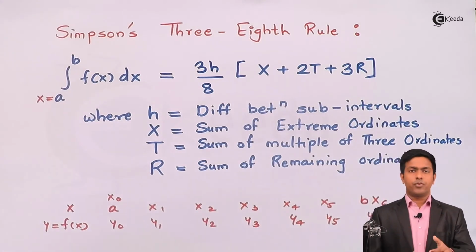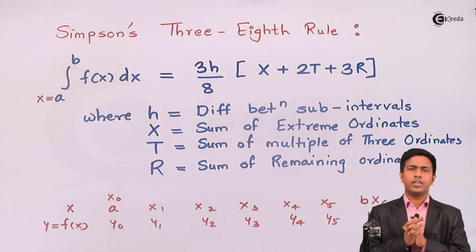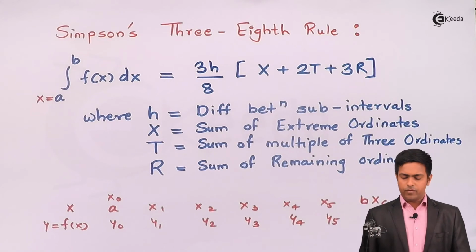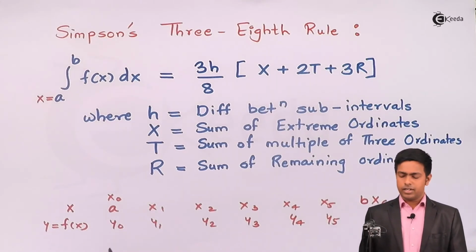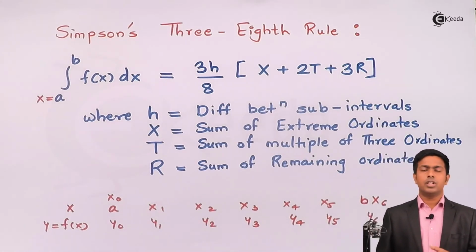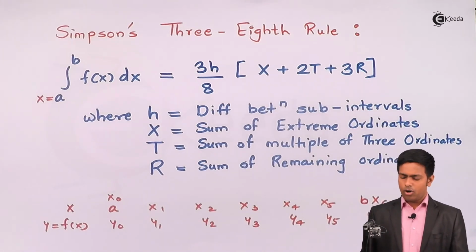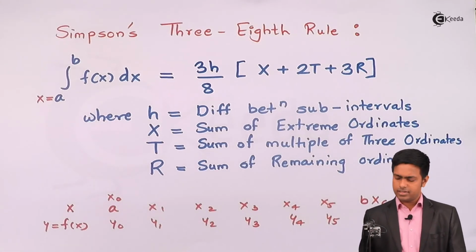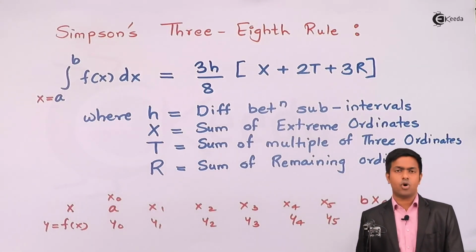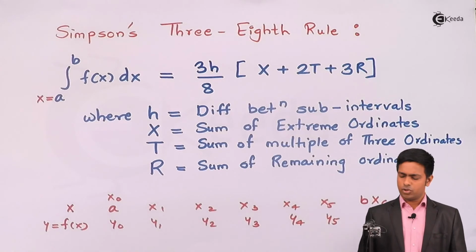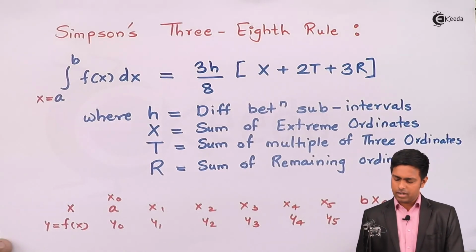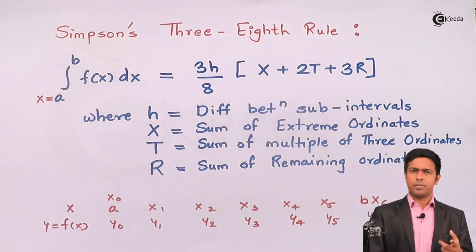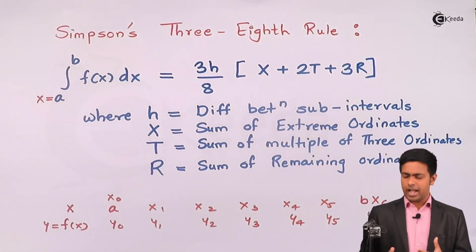But guys, before using this rule, there is one condition which is mandatory and we have to follow it. Whenever we are taking the intervals, the number of intervals must be a multiple of 3. If you want to remember, you can remember it like this: the last ordinate must be a multiple of 3. Here we have y6, and 6 is a multiple of 3, so it will be accepted.